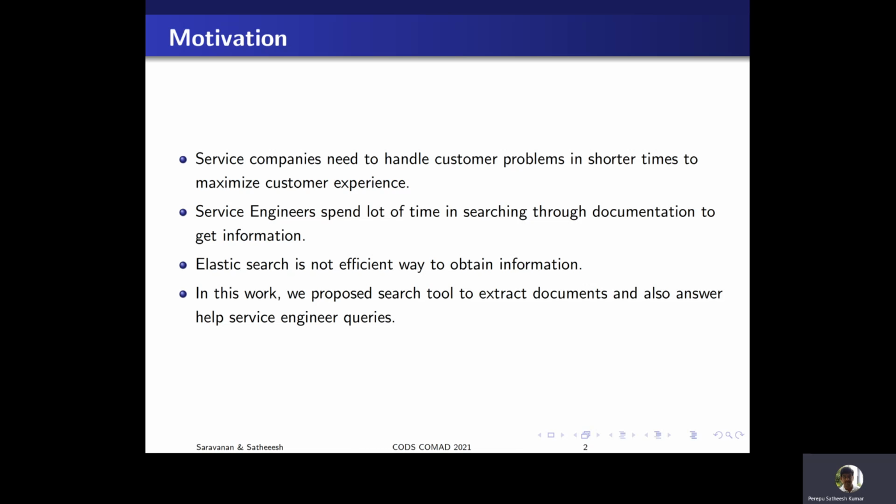However, if I have a huge number of documents, the knowledge graph construction will be very difficult, and searching through the knowledge graph is also not efficient. So in this work, we proposed a solution to extract information from a knowledge graph in an efficient and less time-consuming fashion, as well as a novel question answering tool.